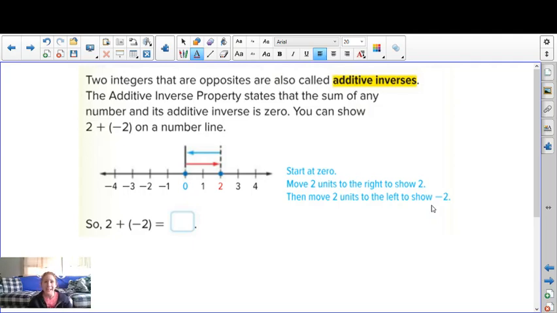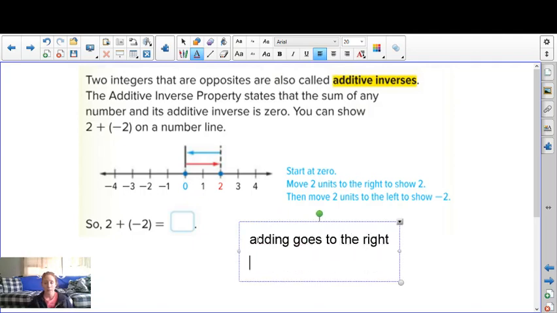is that when you add, you're going to the right and you're increasing your numbers. Well, oppositely, when you subtract, you're kind of going to the left.